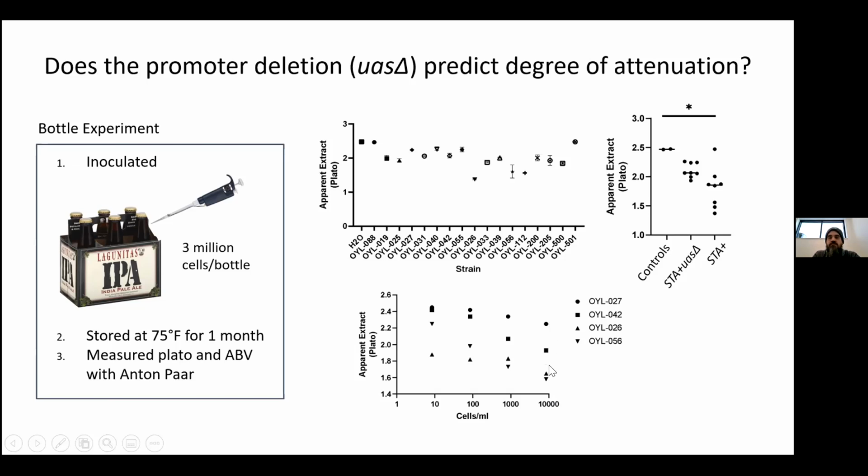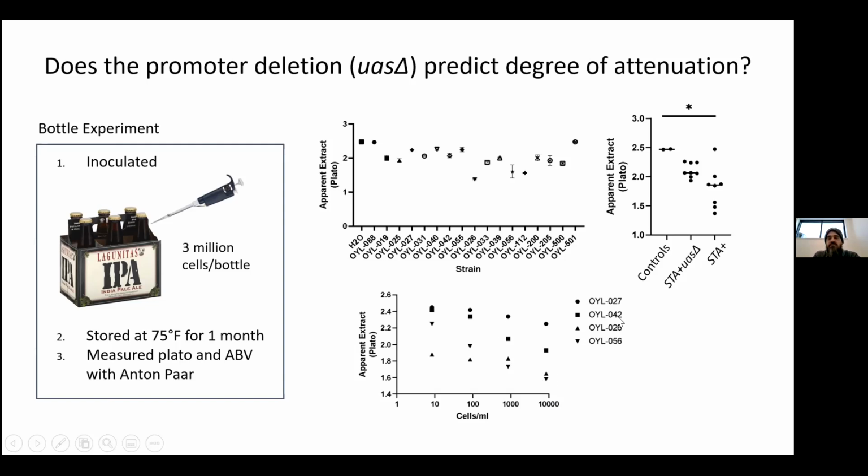It does start to have some, but it's not remotely as high as something like 026 or 056, which both have the promoter intact, so they're strongly diastatic. But even with these, you still see a dose effect. The more yeast you start with, the more attenuation you get.